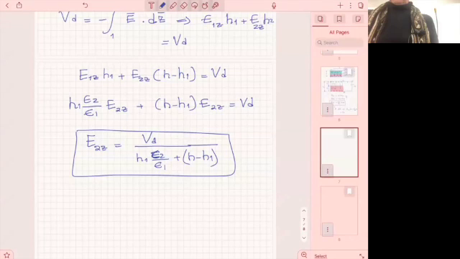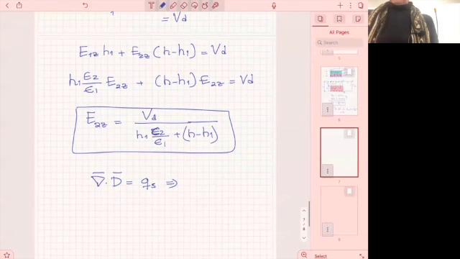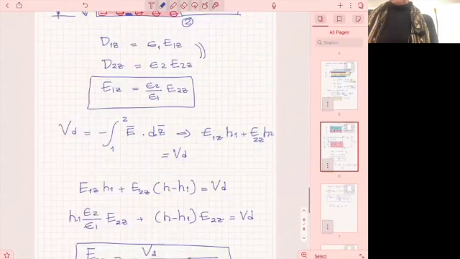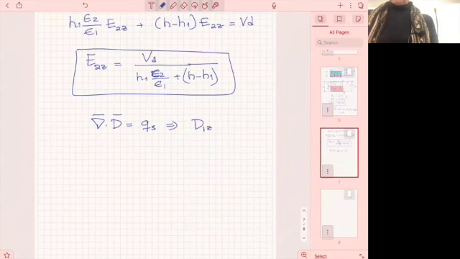The divergence of D at any point on the conductor is equal to Q sub S. Because D is 0 inside the conductor but not 0 outside, D1Z just on the upper conductor is equal to Q sub S. Which tells me that E1Z is equal to Q sub S at that point over epsilon 1, and E2Z equals Q sub S over epsilon 2, for the same reasons.